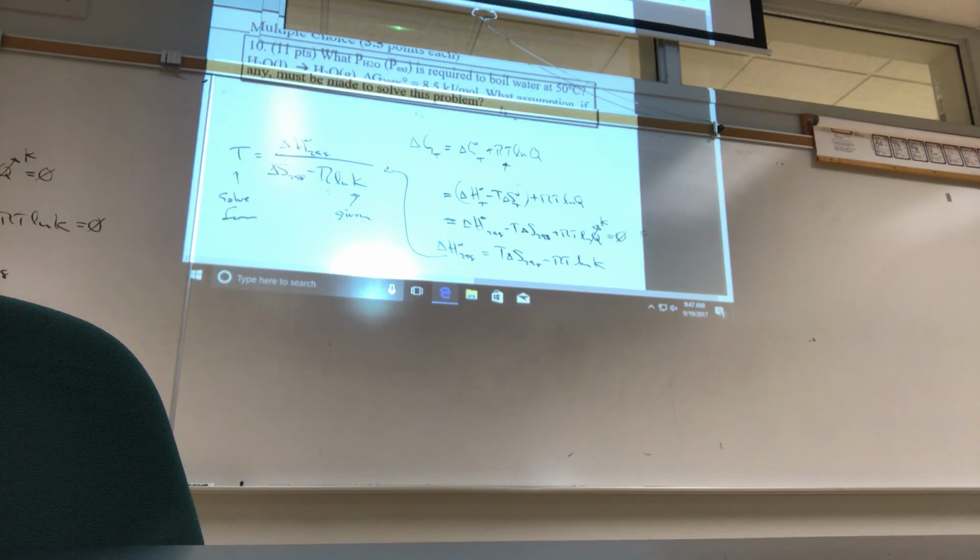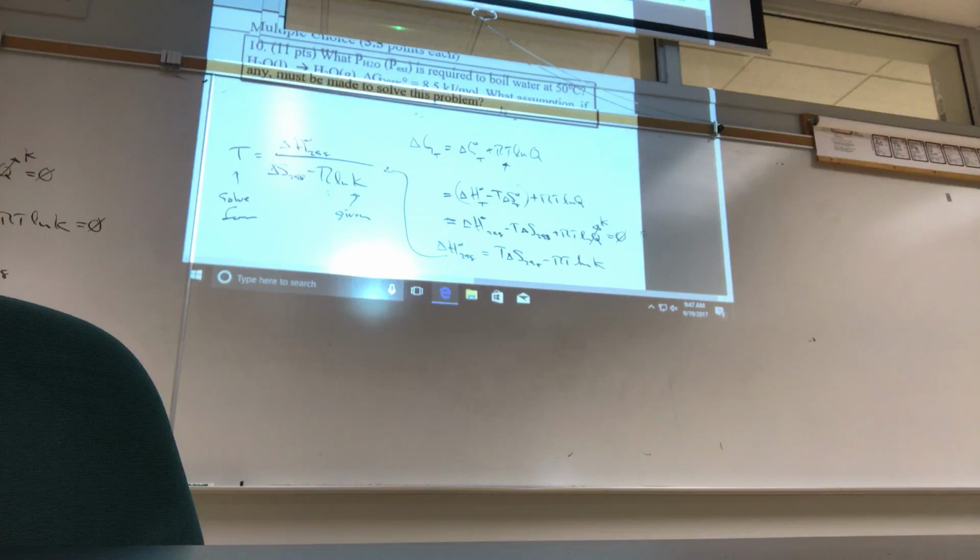Then we divide by RT, and we get ln K is equal to delta S naught over R, this is at 298, minus delta H naught over RT.